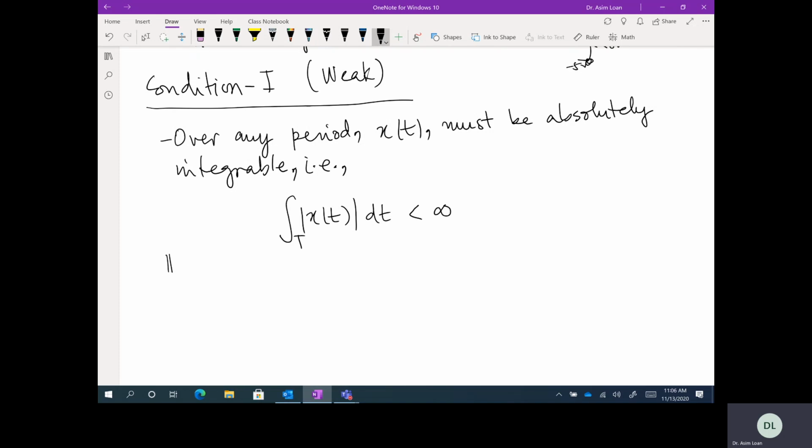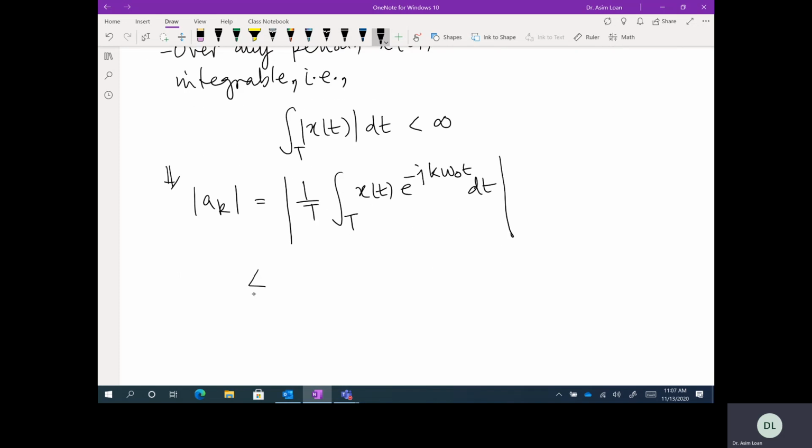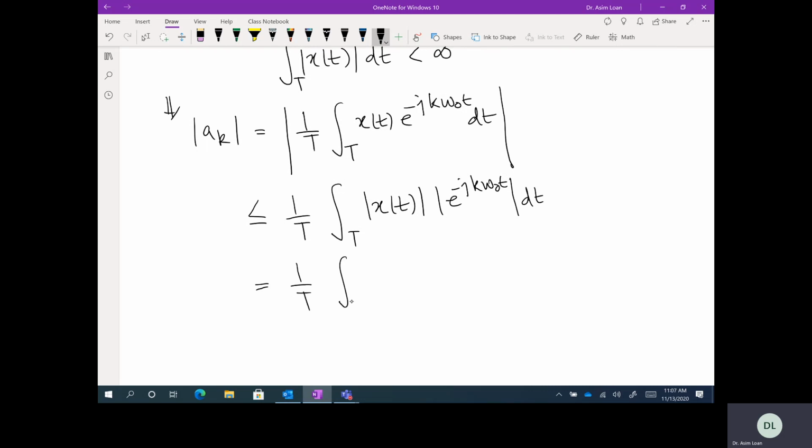If this is true, then the magnitude of a_k, which equals 1 over T times the absolute value of the integral of x of t e to the minus j k omega naught t dt, by the Cauchy-Schwarz inequality is less than or equal to 1 over T times the integral of the absolute value of x of t times the absolute value of e to the minus j k omega naught t dt.